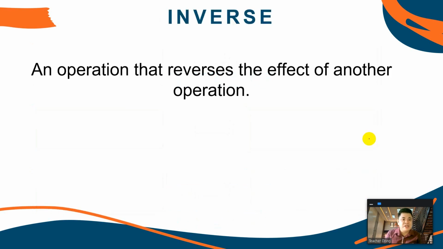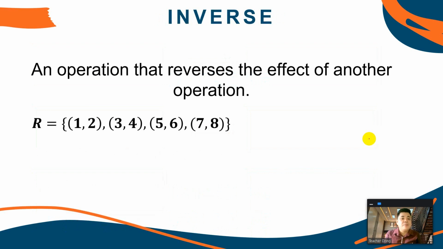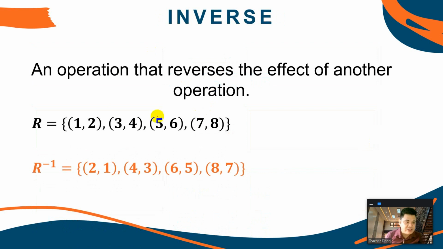So just like what you are seeing here, when we say inverse, it is an operation that reverses the effect of another operation. Just like this one, if we have the function r, which is equal to 1, 2, so this is xy, xy, xy, xy. If you are going to get the inverse of this function, all you need to do is interchange the domain and range.